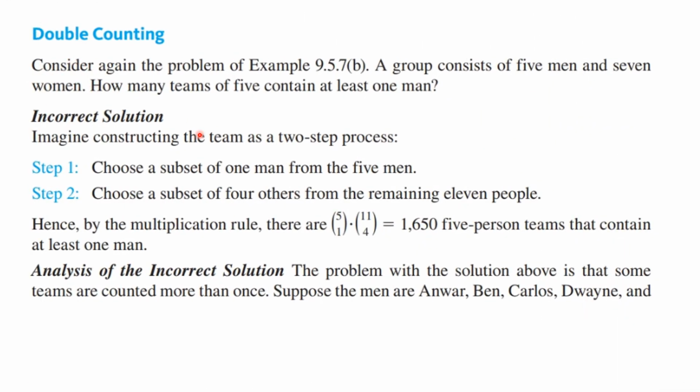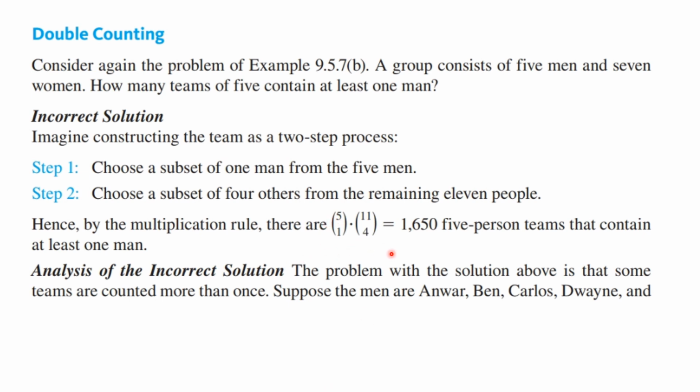Here's a problem dealing with double counting. We're going back to the problem of a group consisting of 5 men and 7 women. How many teams of 5 contain at least 1 man? The group you're picking from has 5 men and 7 women. And you might say, well, I'll pick the man and then I will pick the woman and multiply this.